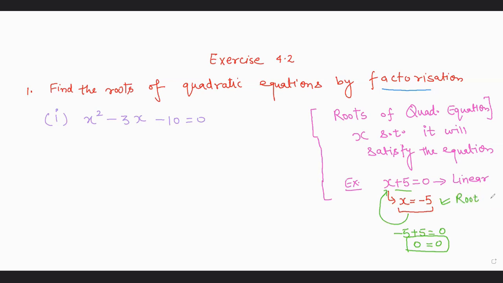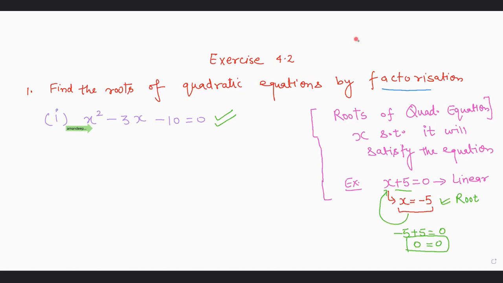Similarly, we have to find the value of x which will satisfy our quadratic equation. Now, let us discuss how to do that.